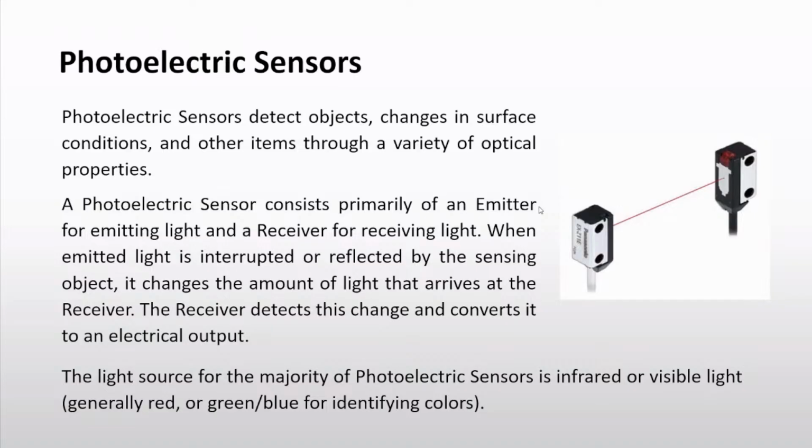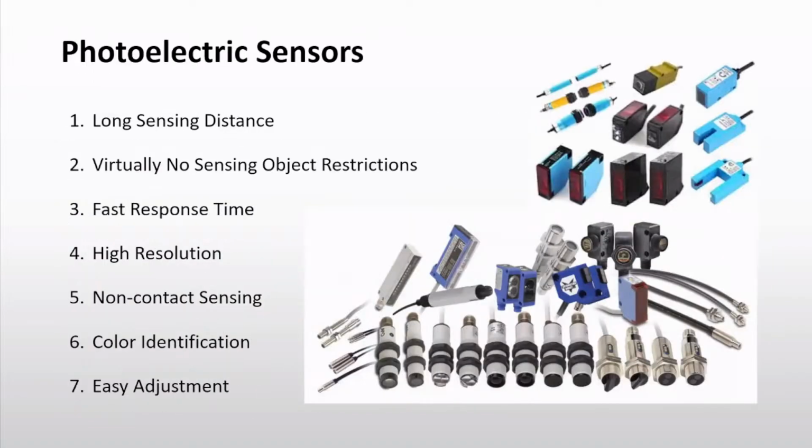So let's move on. What are the types of these photoelectric sensors? But before that, we want to learn about the advantages of photoelectric sensors. Normally, photoelectric sensors have non-contact sensing capability.